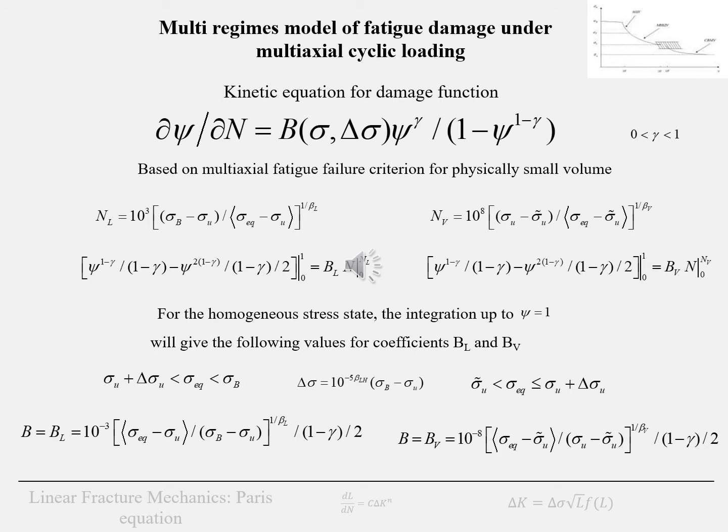When we introduce the fatigue failure criteria, we do not mention what failure means: is it time to crack initiation or to final rupture? In order to clarify this point, we use a special function that we call the damage function, with its own kinetic equation. We make the link between the multi-axial criterion and the fatigue damage accumulation by using this function.